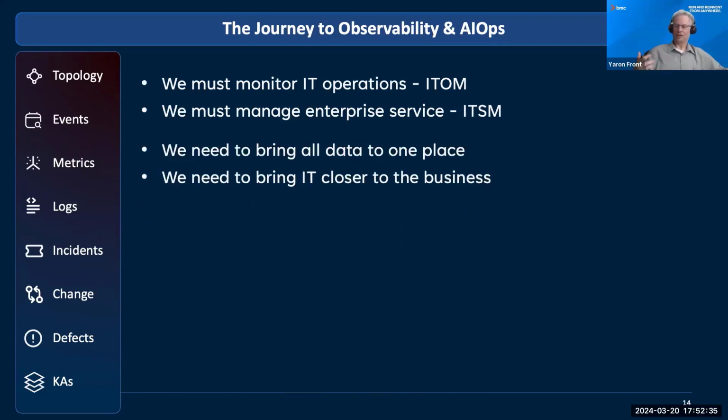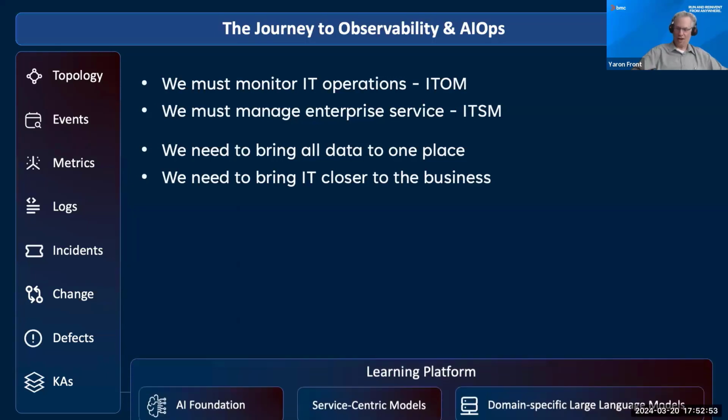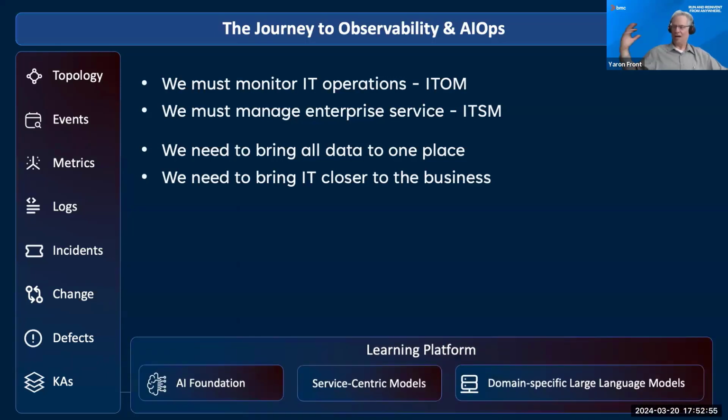But then we realized also that you need to bring all that data into one place. You can't have silos. It's not effective to have multiple tools. Well, actually, you do want to have multiple tools, but you want all the information to flow into one place. But you also want to bring context into this so you know how you can bring IT closer to the business.